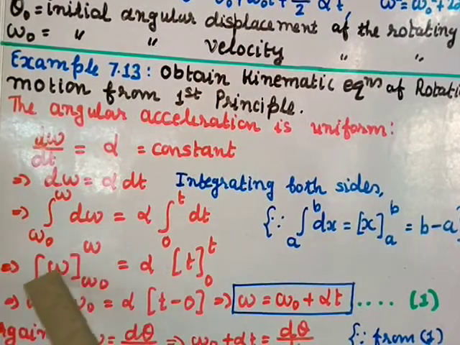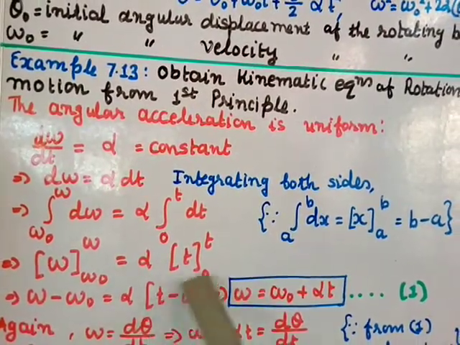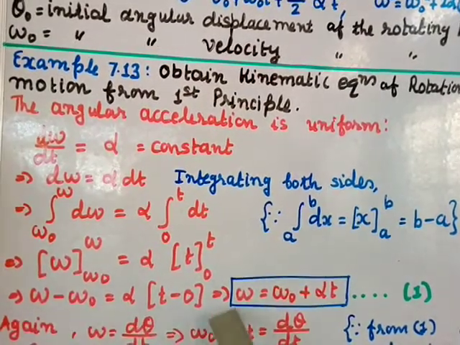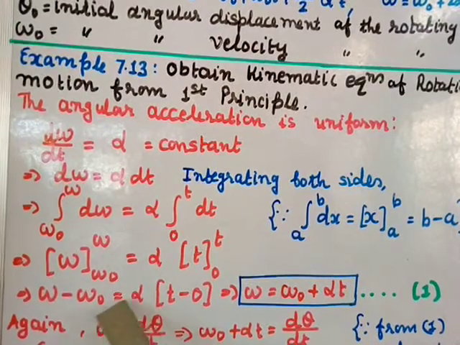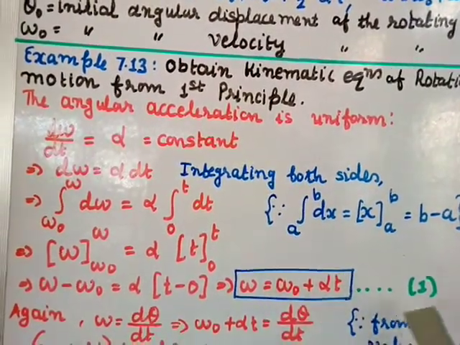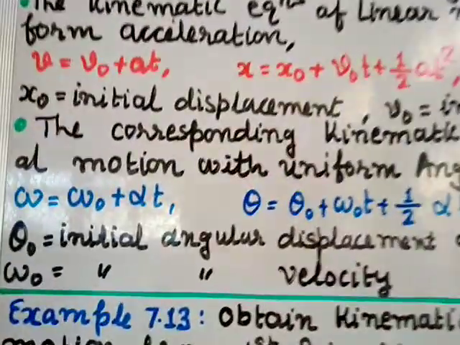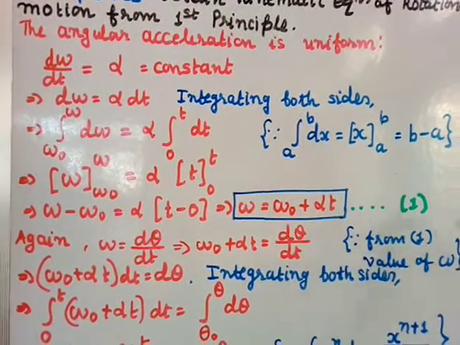Applying the upper limit first, omega minus omega naught equals alpha t minus 0. Transferring omega naught, we get omega equal to omega naught plus alpha t, and this is the first equation of rotational motion: omega is equal to omega naught plus alpha t.